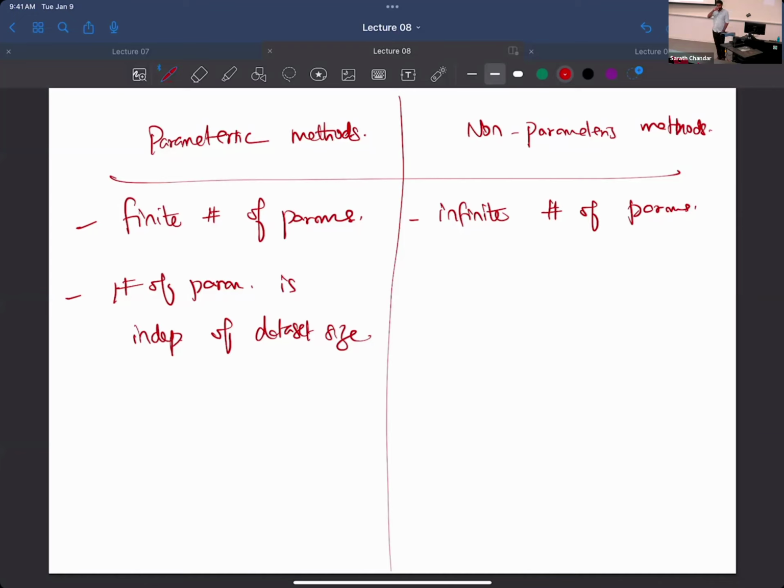So it doesn't matter whether the data set is 1,000 examples or 100,000 examples or a million examples. It's always going to be 101 parameters, which is not the case for non-parametric methods. In non-parametric methods, the number of parameters is dependent on the data set size and also the complexity of the data.